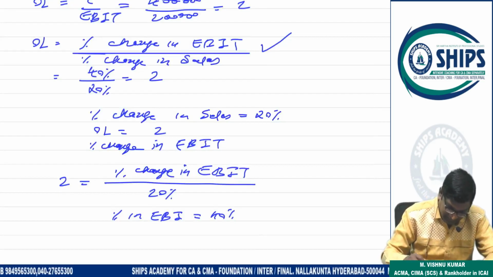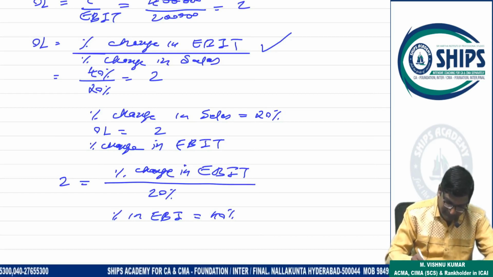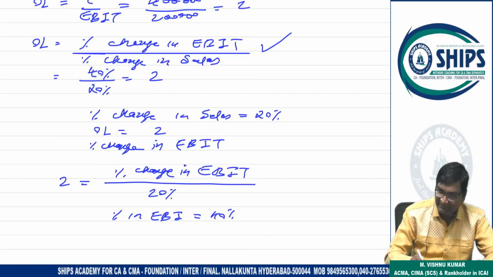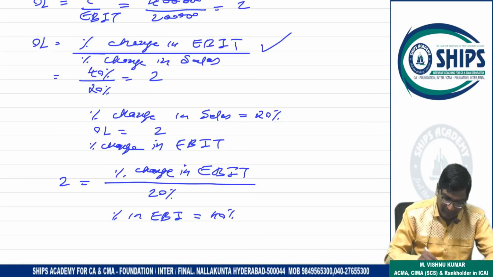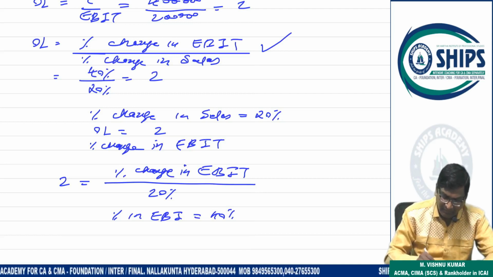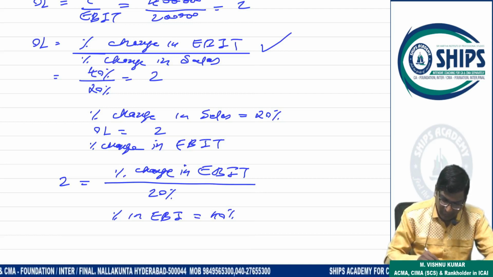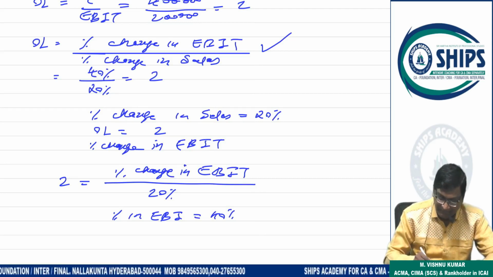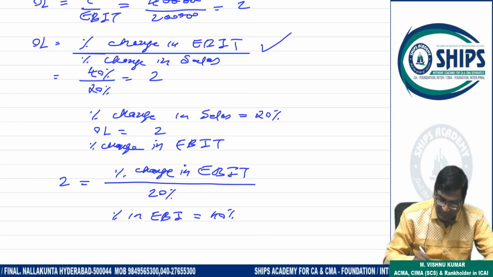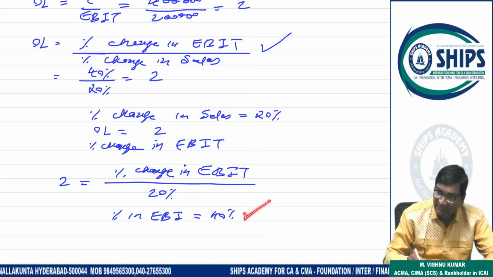Look at what I explained a little while ago. Your percentage change in sale how much? 20. Operating leverage how much? 2. Percentage change in EBIT how much? 2 into 20. It means if this is increasing, this will also increase or not?